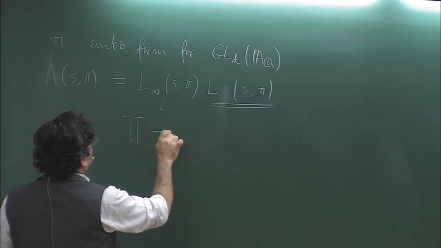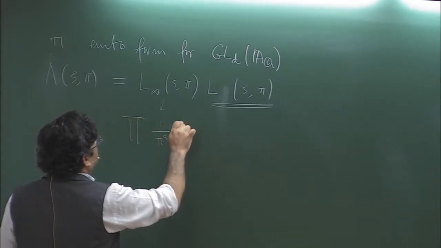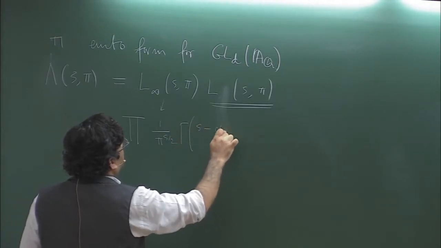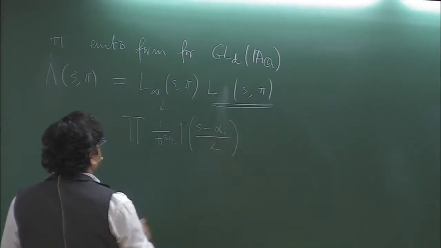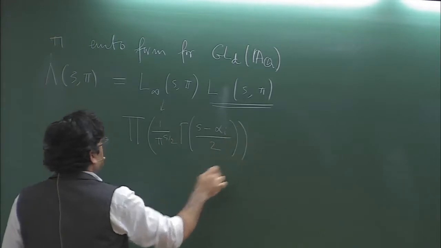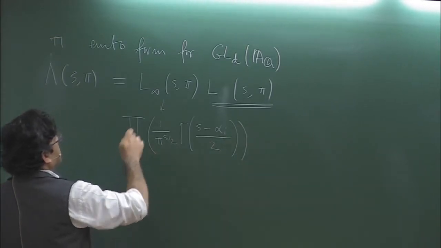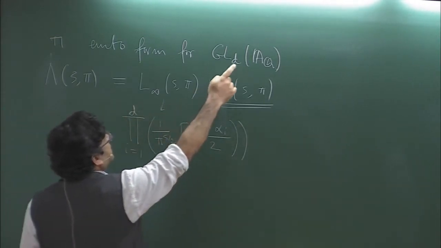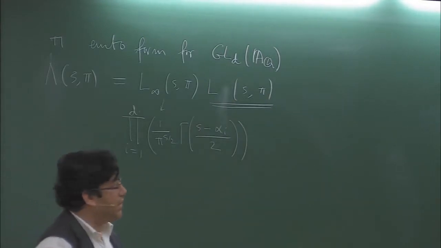It looks like 1 by pi to the power s by 2, gamma of (s minus alpha_i) by 2, where the number of terms in this product is the same as the d over here.